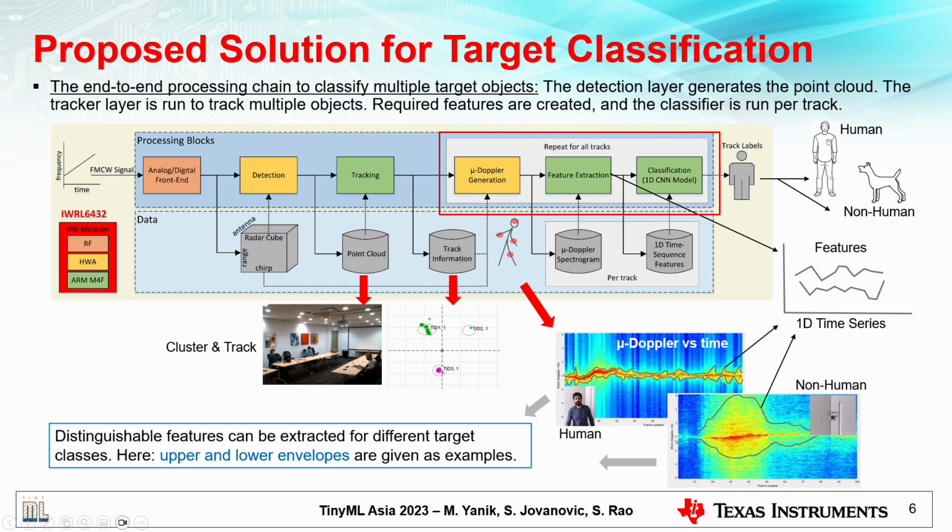But there's an important thing I want to quickly discuss. If you look at this micro-Doppler, it looks like an image, right? If you put Doppler in one domain and time in the other, these Doppler-time spectrograms can be handled as an image.